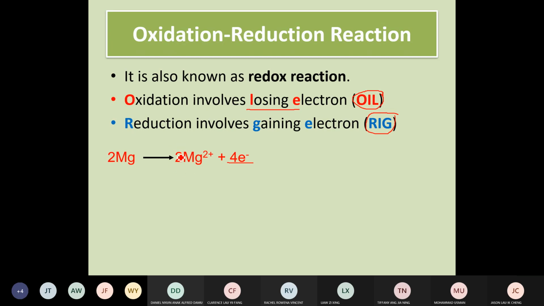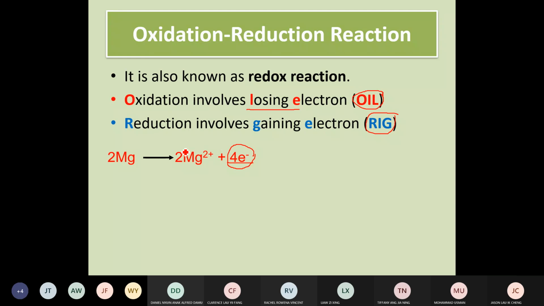It's not always simple, so please give some attention here. Magnesium is losing 4 electrons, and then these electrons cannot stay alone. They are negatively charged and very reactive, and they want to be associated with some atoms.